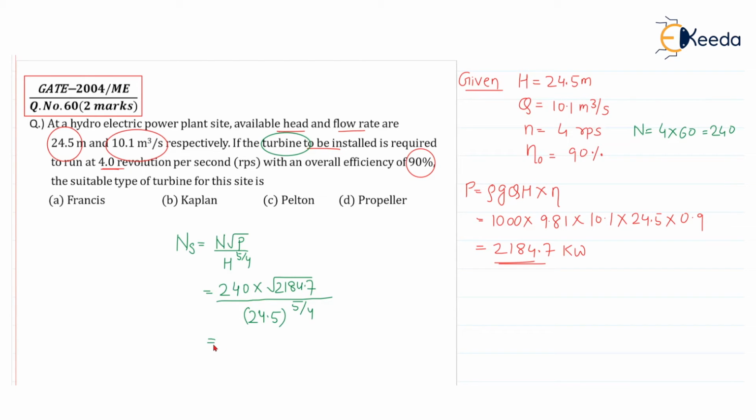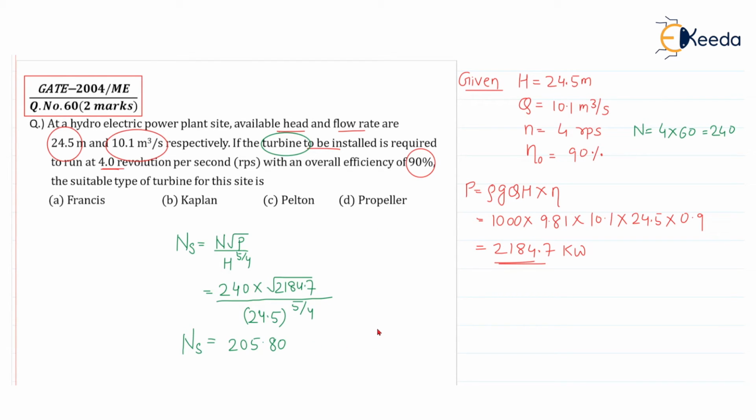After simplification, we get the value of NS equal to 205.80. So which turbine is suitable for this NS?